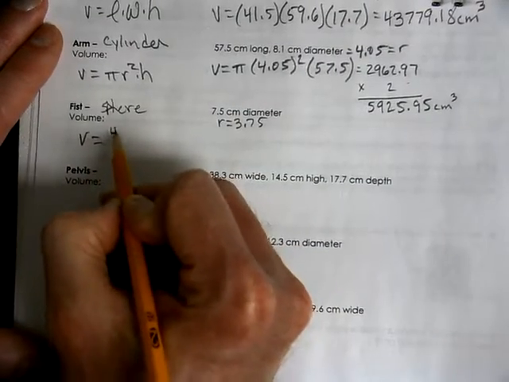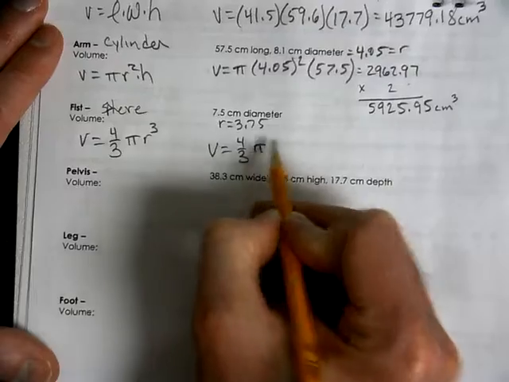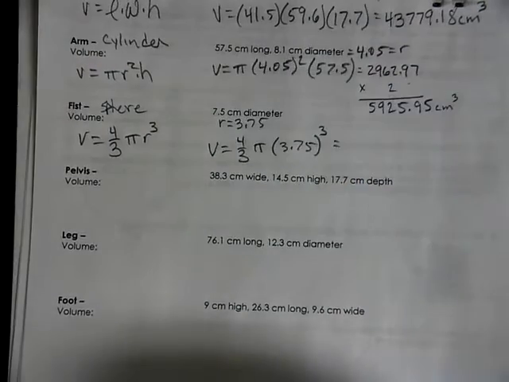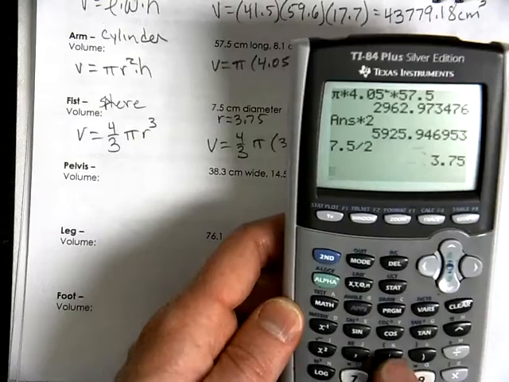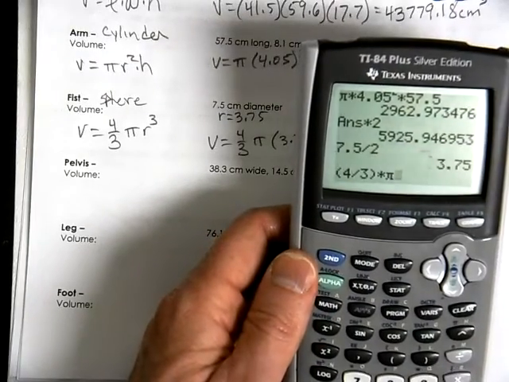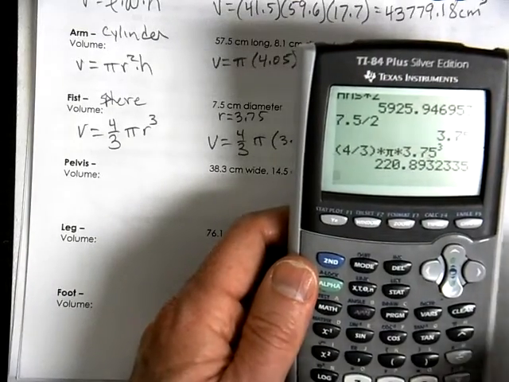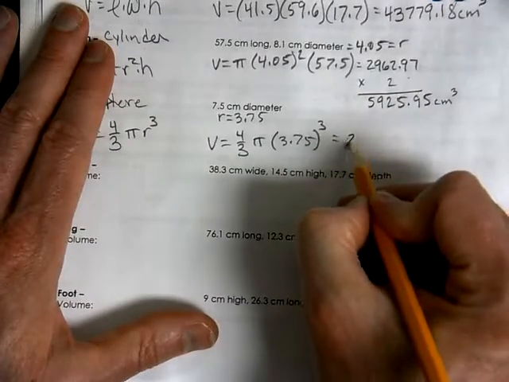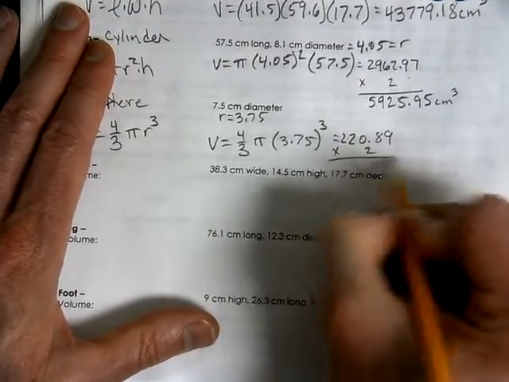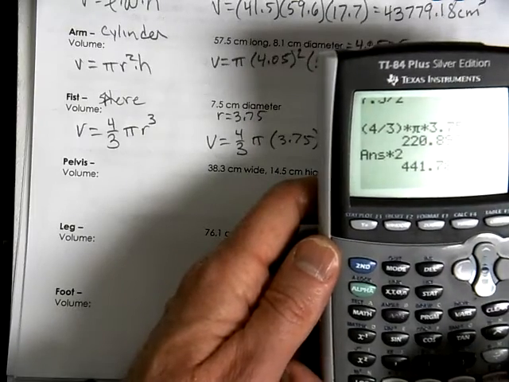We know the volume is 4/3 pi r cubed. So we type that into our calculator and we get 220.89, and we know that we have 2 fists, so we times this by 2 and we get 441.79.